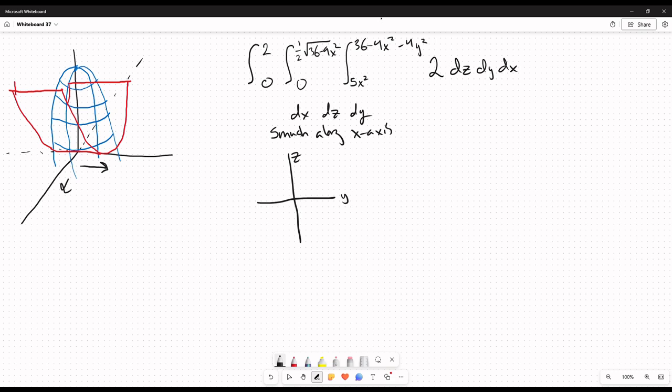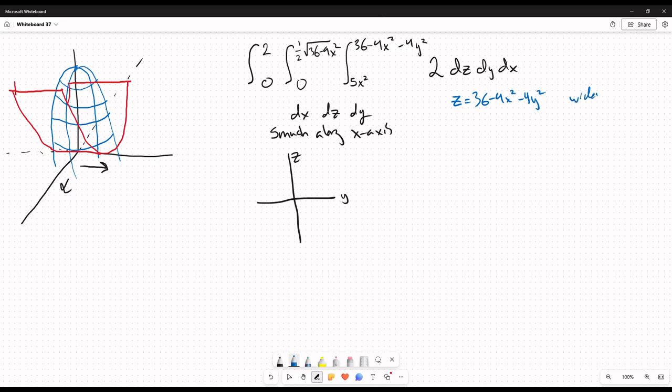First of all, we have this graph up here. Let's start with the blue function, the bowl. If I were to smush that onto the x-axis, what would it look like? We'd have z equals 36 minus 4x squared minus 4y squared. You might notice that the widest part of this region is in the YZ plane where x equals 0.